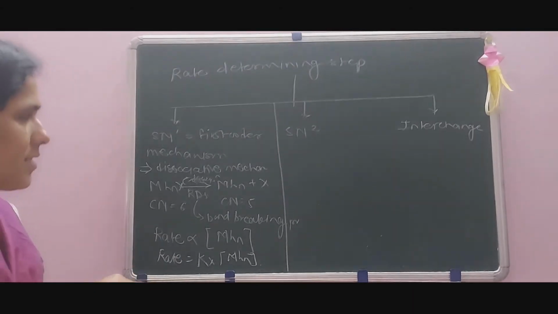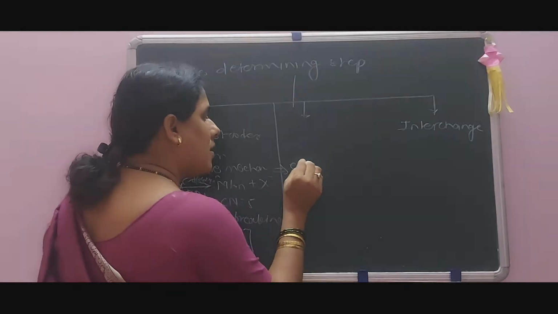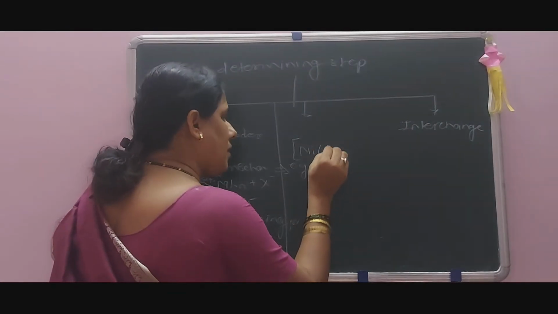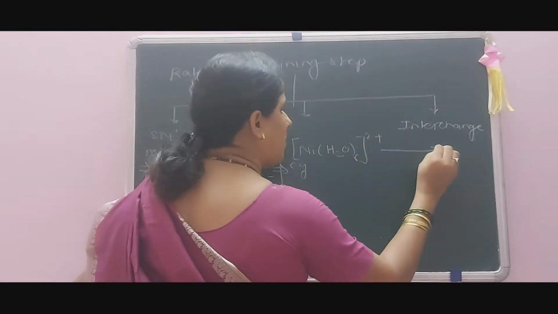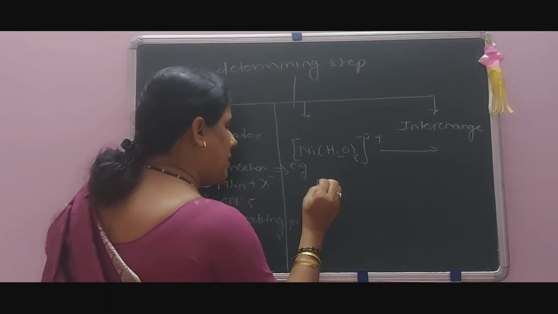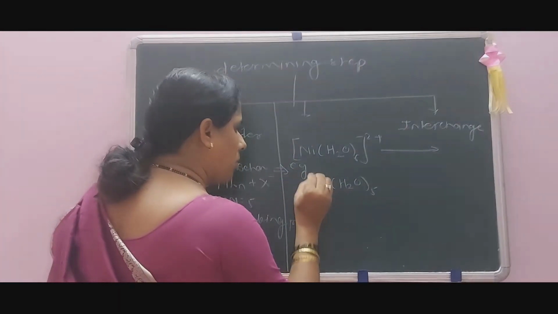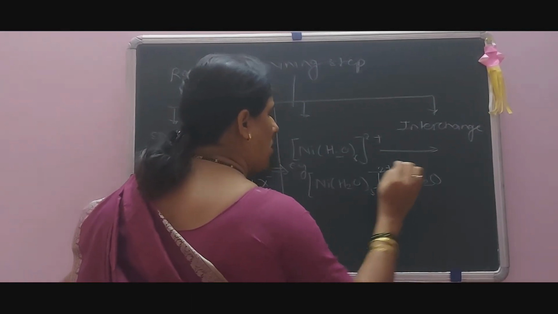As an example, Ni(H2O)6 2+ dissociates into Ni(H2O)5 2+ plus H2O.